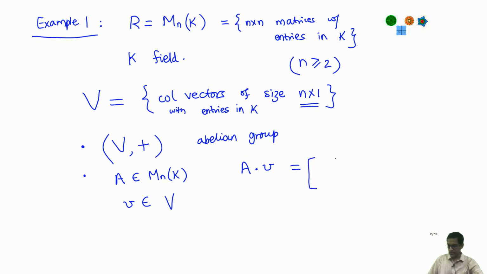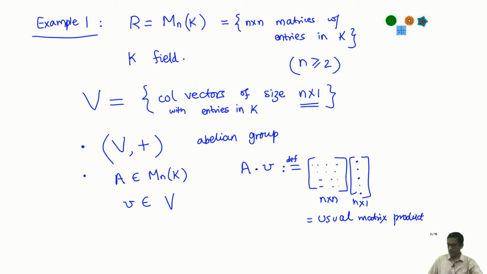A being an n cross n matrix, and v being an n cross 1 matrix or a column vector, the most obvious thing you can do is to just multiply the two of them. So here's the definition. Define Av to be just the product of the n cross n matrix A with the n cross 1 matrix v, the usual matrix product if you wish.